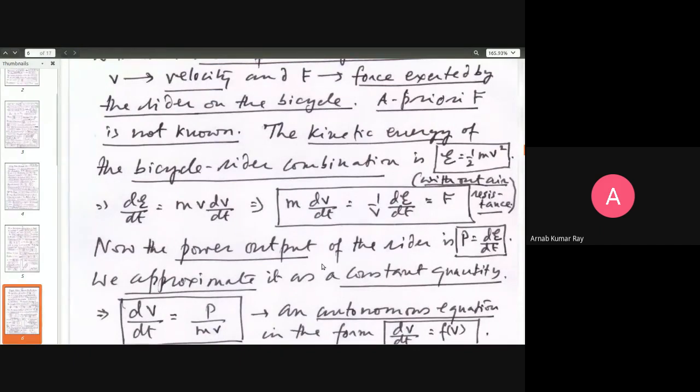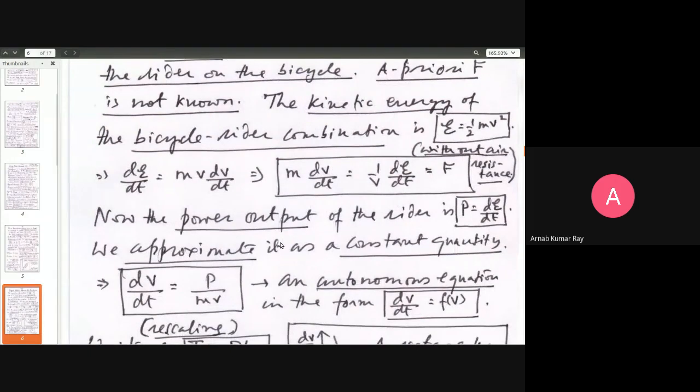Now, for simplicity, we approximate this power output as a constant quantity, which is not a bad approximation. After an initial phase, when the bicycle rider slowly accelerates, the motion becomes steady. The rider is pedaling at a constant rate; there is a limit to the rate at which a human being can pedal a bicycle.